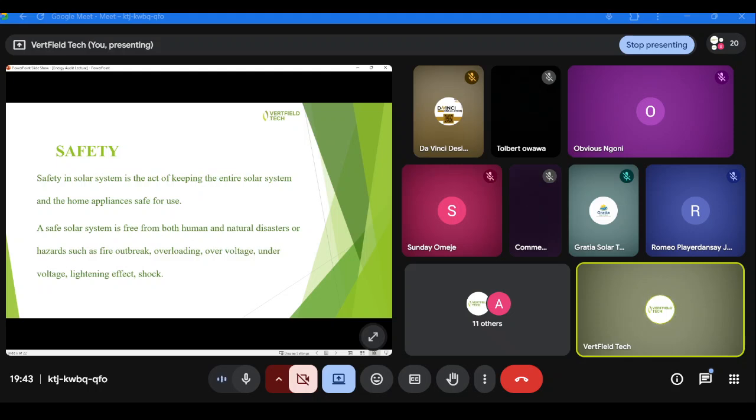So, safety as it concerns your solar system.